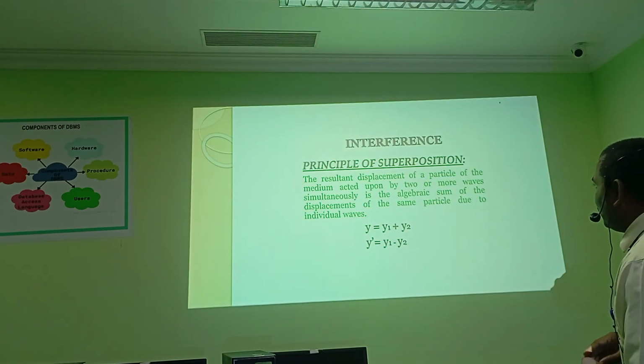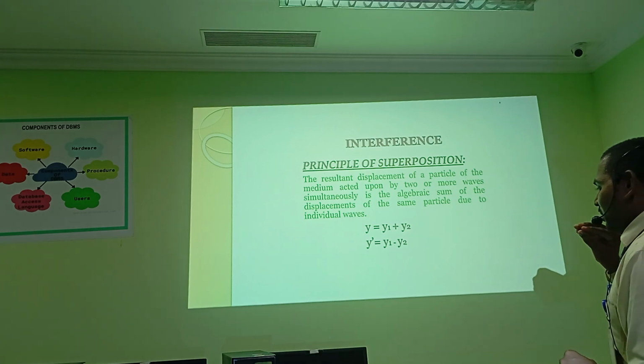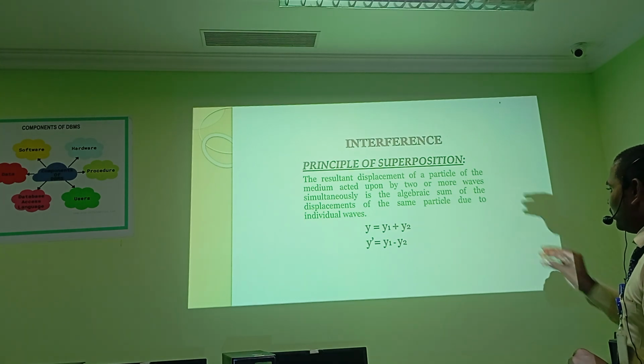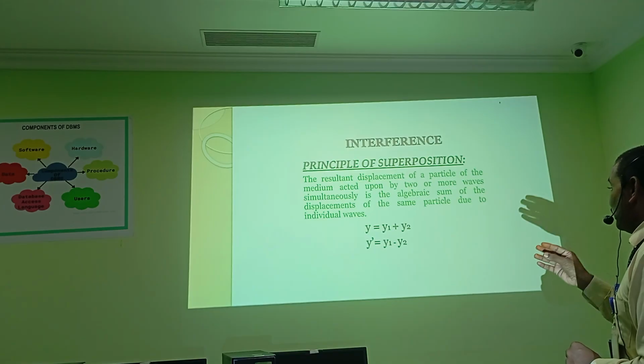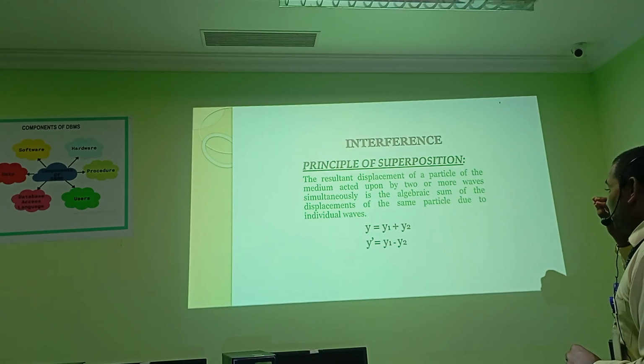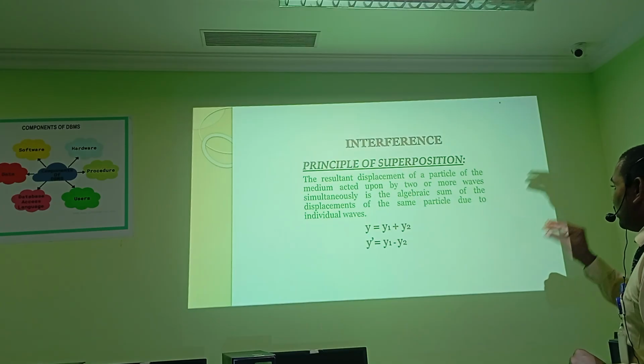Interference follows the principle of superposition. Superposition means light passing through one position with different wavelengths; that position is called superposition.